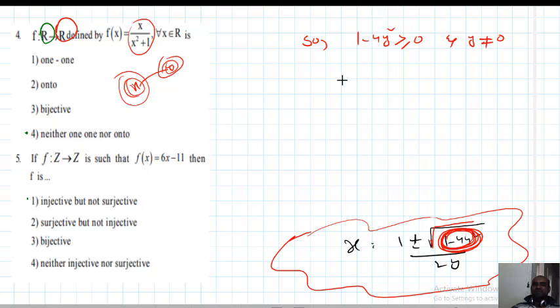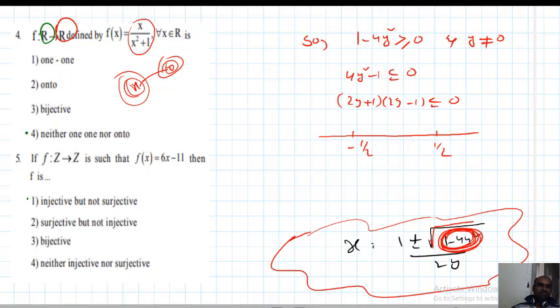That's why 4y square minus 1 is less than or equal to 0, or 2y plus 1 into 2y minus 1 is less than or equal to 0. On the number line, minus half and plus half, with signs plus, minus, plus, I want the negative region. So y belongs to the closed interval minus 1 by 2 to 1 by 2.